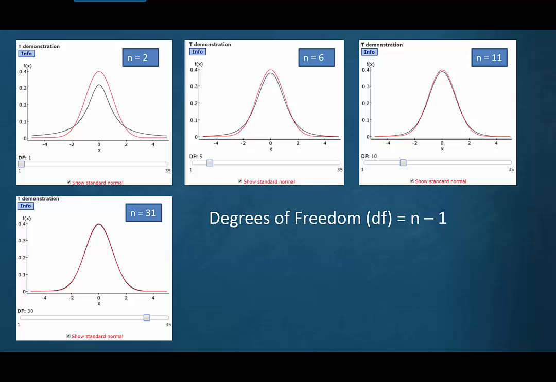Now this is particularly important if using the table to find our t statistic. If using the TI-84 or StatCrunch, it's going to compute this for you automatically when you put in the value of n when constructing the interval. So let's get back to developing our formula for our interval about the mean.